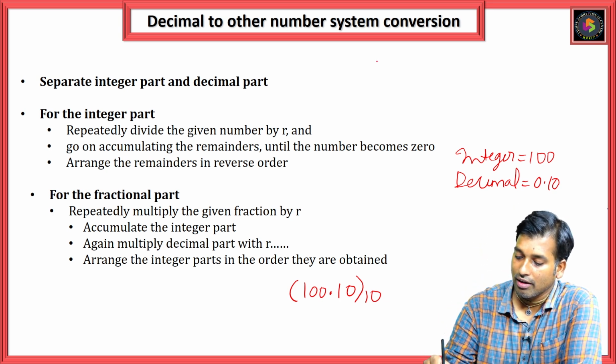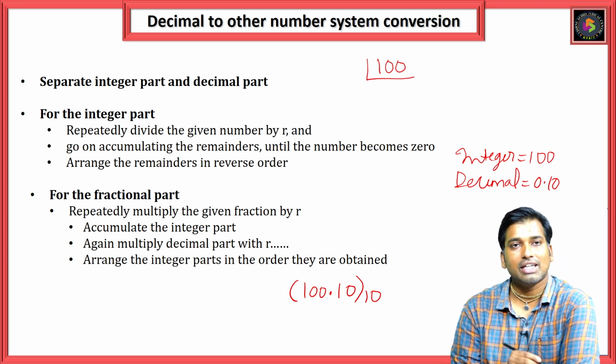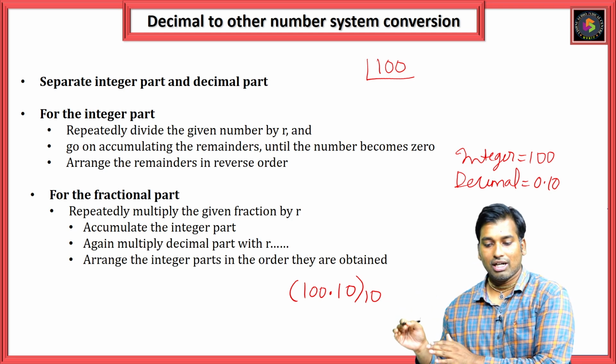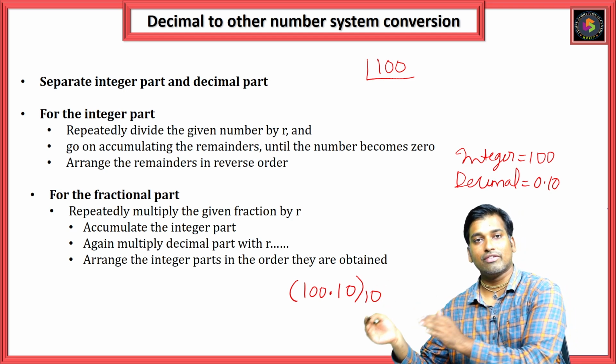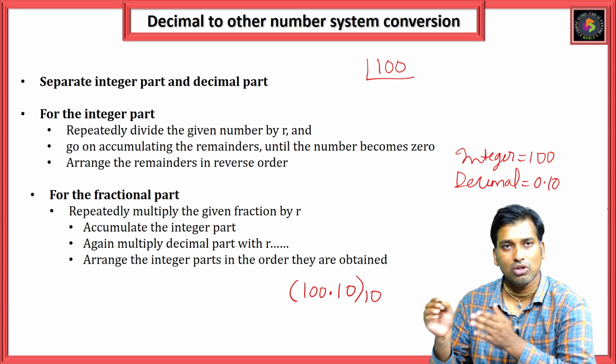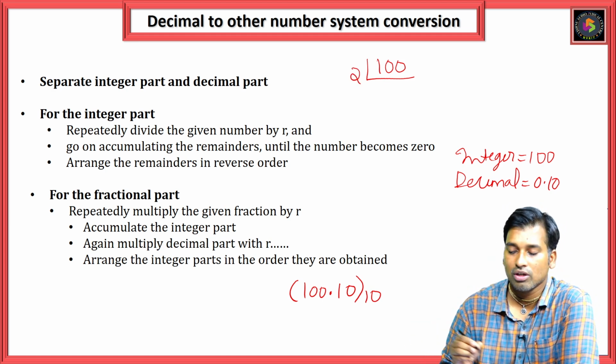What do we do with the integer part? The integer part should be divided by the base r. Base r, or radix r, is the radix of the number system to which we are converting from the decimal number system. Let us take converting from decimal to binary, so we divide by 2.